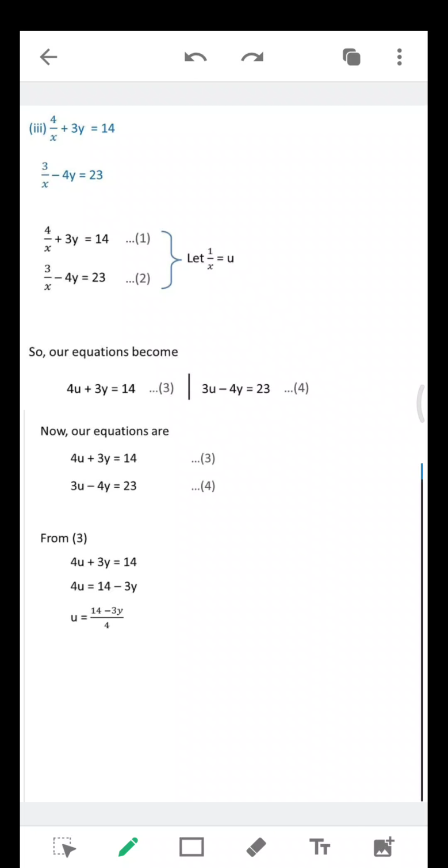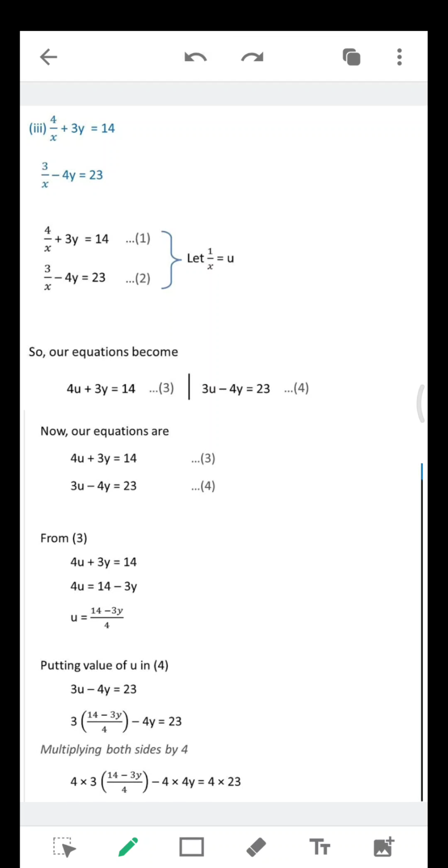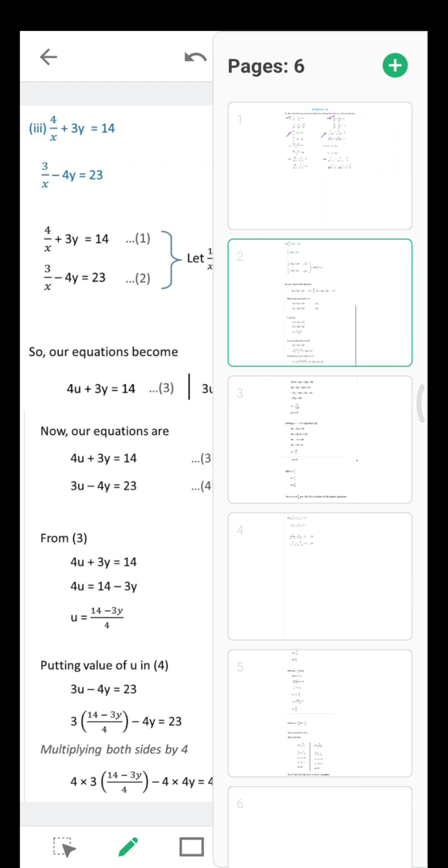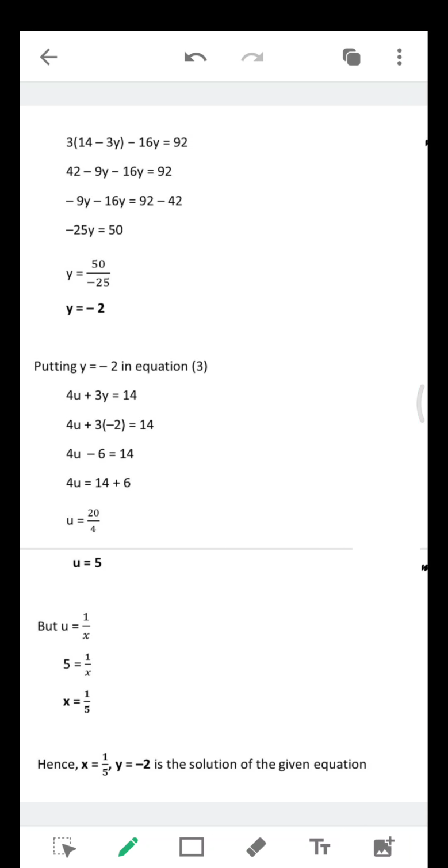So by solving these two equations, after substituting and solving, I'll get the value of y is minus 2 and u is 5. So y value is as it is, no change, but u value will change because we assumed u as 1 by x. So in place of u I wrote 5 here, so x will become 1 by 5 like yesterday I have explained you. So therefore x and y values are 1 by 5 and minus 2.